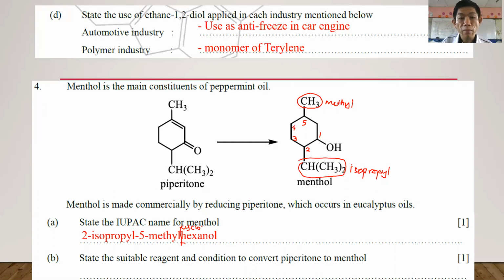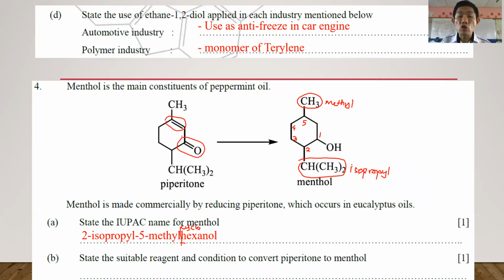B, state a suitable reagent and condition to convert piperitone to menthol. As you can see, obviously, the difference between piperitone and menthol is that in piperitone you have a double bond in here, and also you have a ketone in here. So how do you convert it to become menthol by using only a single step process? This is obviously to change an unsaturated hydrocarbon to a saturated hydrocarbon, so you must use hydrogen and nickel only.